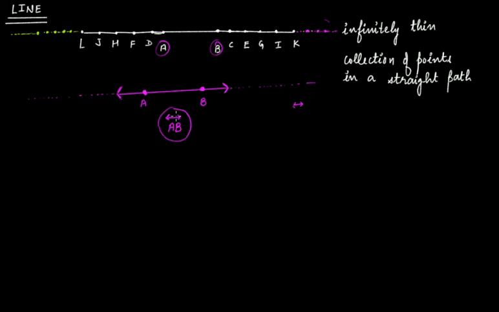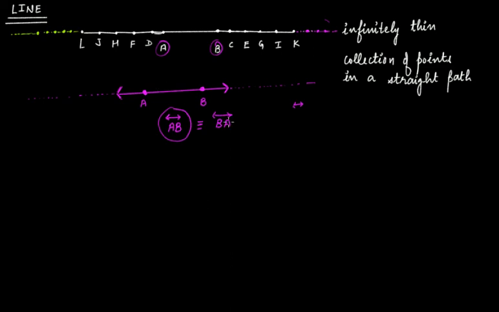Again, you can write it as AB and put a line mark above them, and you can also write it as BA with a line above them. These both are the same thing. There is no difference between them.